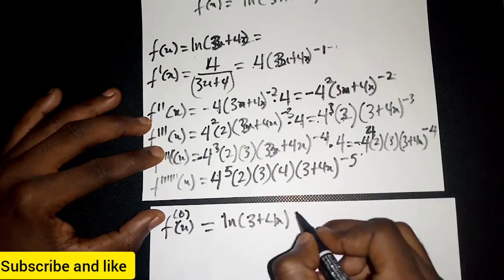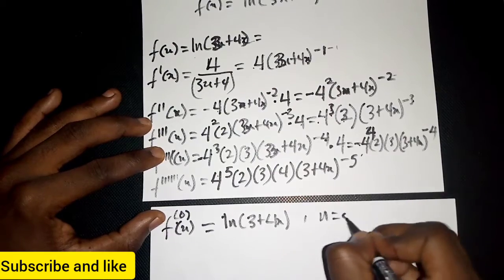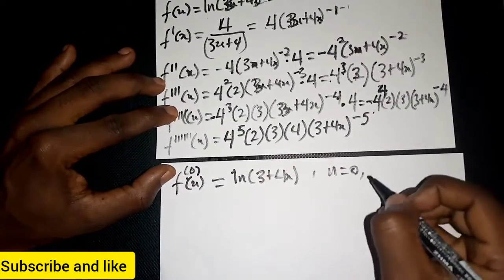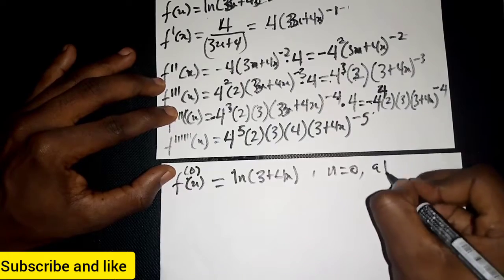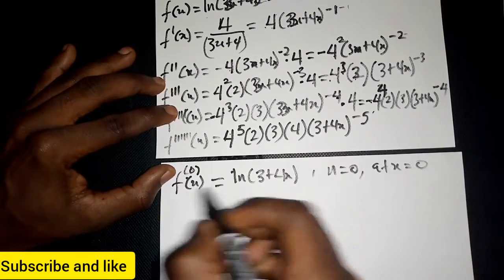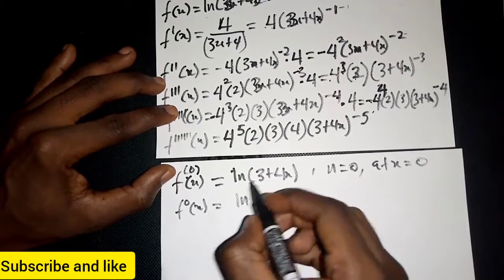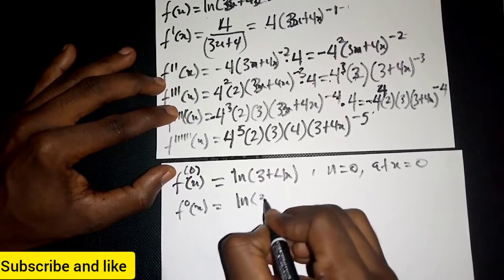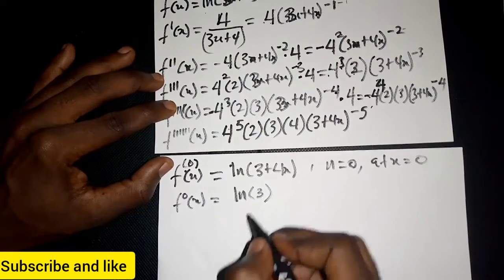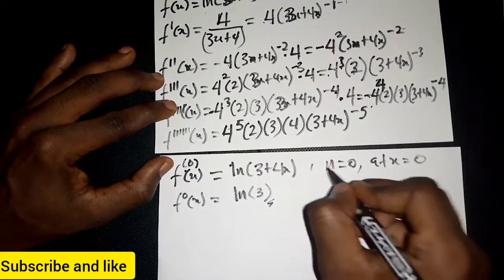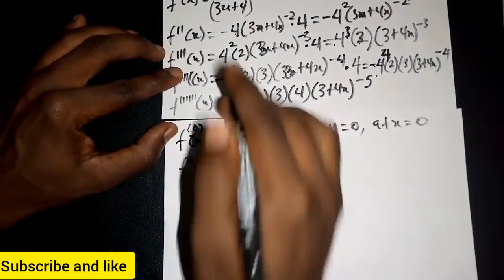That is when n is 0. Now remember we said at x is equal to 0. So when x is equal to 0, we have all of these being the ln of 3. That is when n is 0. So let's look at the rest.